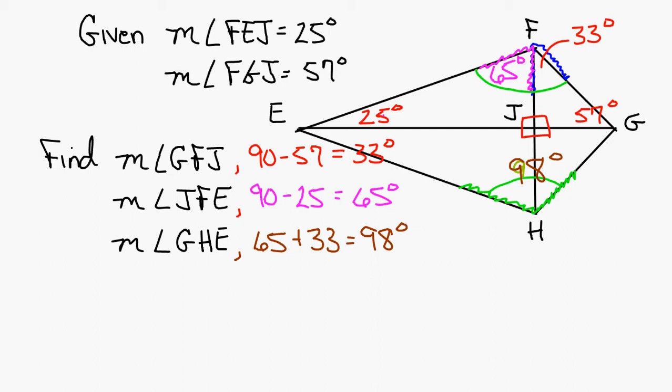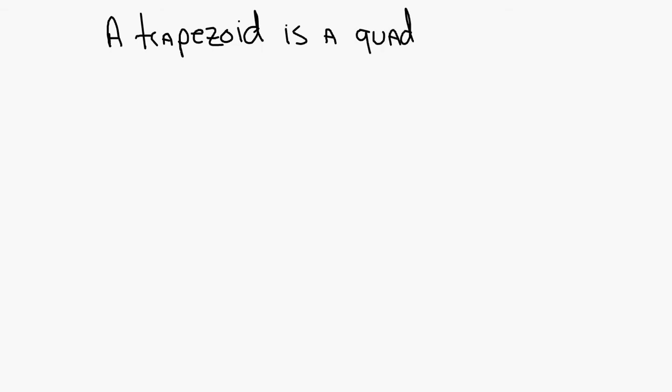Okay, very good. So page 441, I'm going to talk about a trapezoid next, right in the middle of the page. A trapezoid is a quadrilateral with exactly one pair of parallel sides.